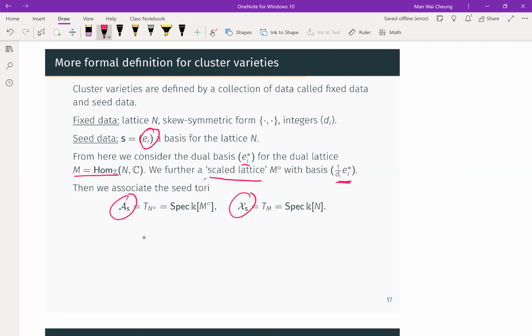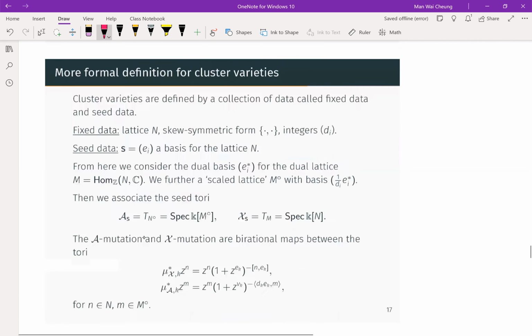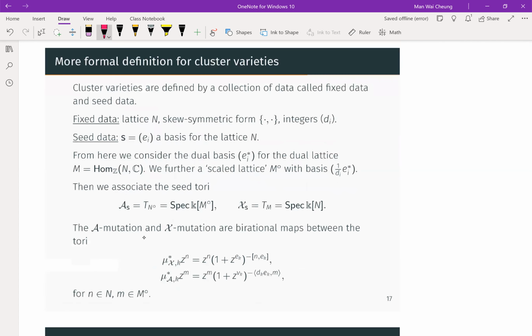And the seed will mutate following some mutation process. And then what we are going to associate is we relate a seed torus. Let me say a seed, I will mutate it, which gives another basis. And then with a seed, like in the A case, I have one torus, and here is the other one. And then we define a birational map between them.